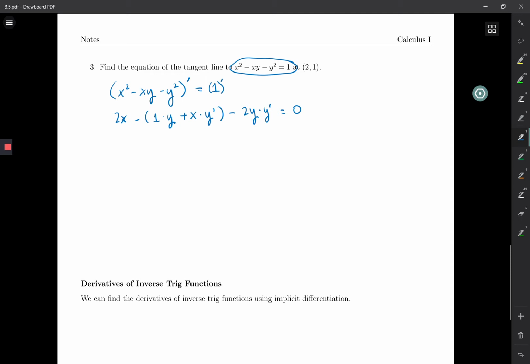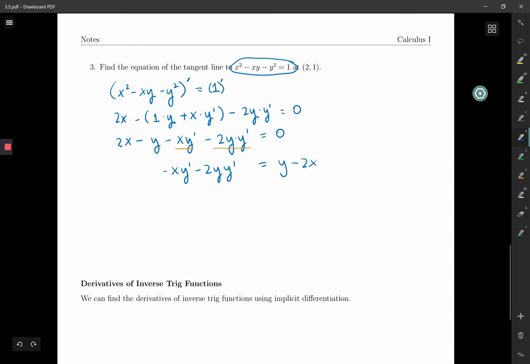Okay, so I'm going to first distribute this negative, and then we will solve for y prime. Equals 0. So we have two terms with y prime in them, this one and this one, so we'll move the other terms to the other side of the equation, and we will get negative x y prime minus 2y y prime equals y minus 2x.